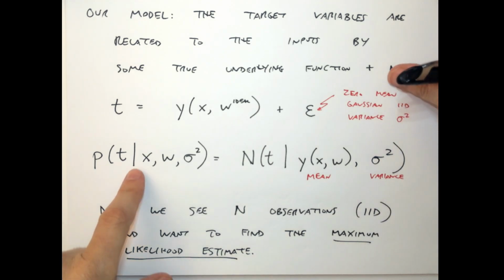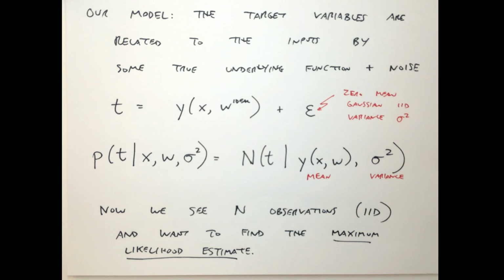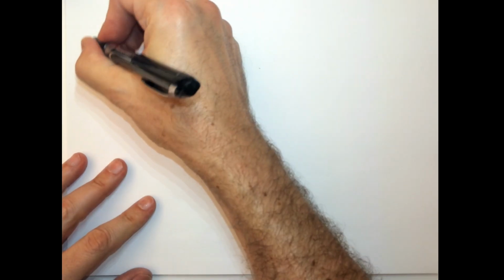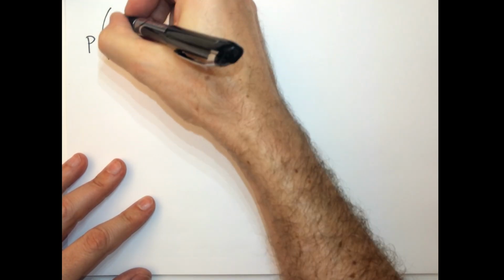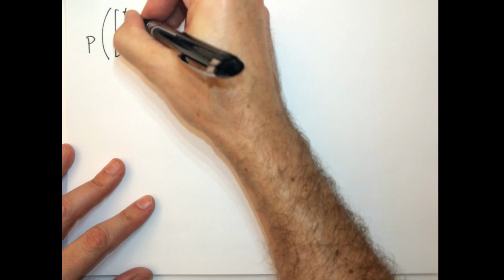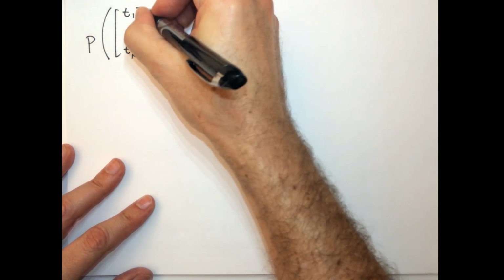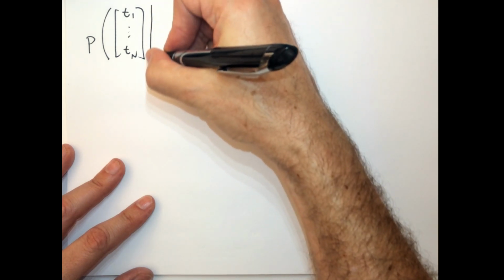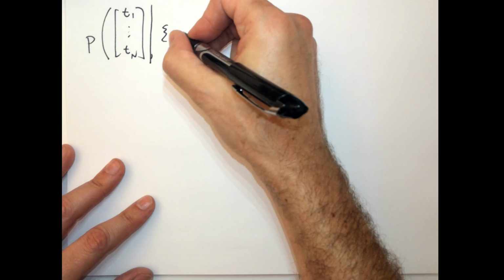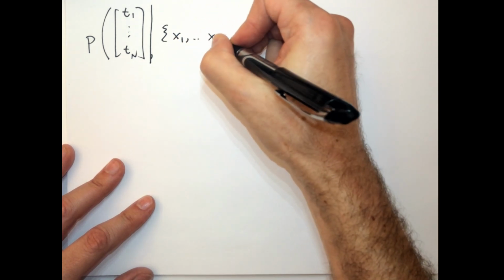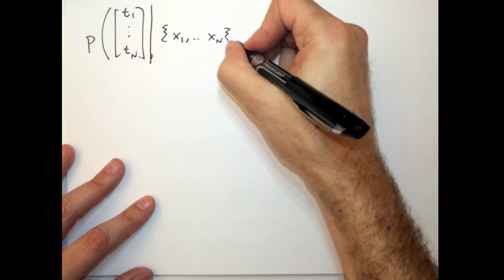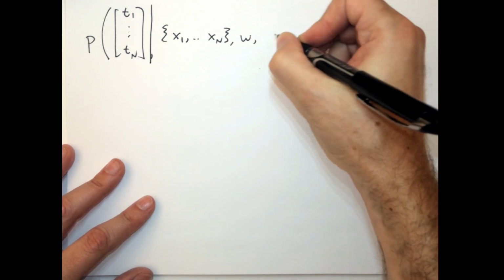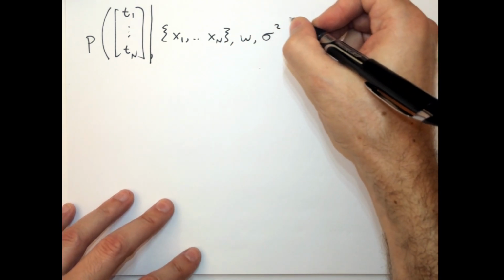And so let's expand this out over the n observations. That's like saying that I have a PDF over this whole vector of targets, conditioned on the set of n input vectors and my W and my sigma squared.